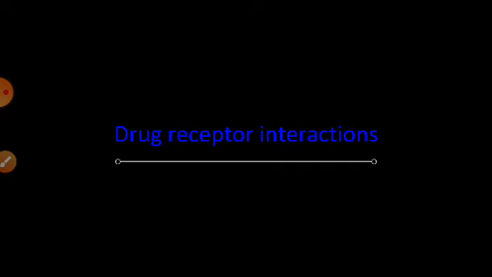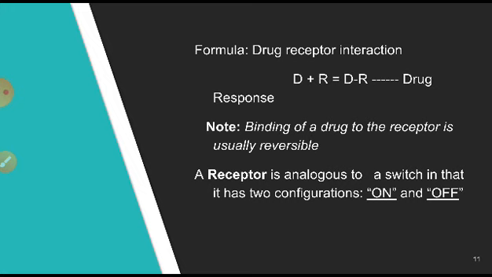Let's see what the drug receptor interaction brings out. Here one formula is given for drug receptor interaction. You can say D is the drug and R is the receptor. When drug and receptor combine, it gives you DR, a drug receptor complex, right?